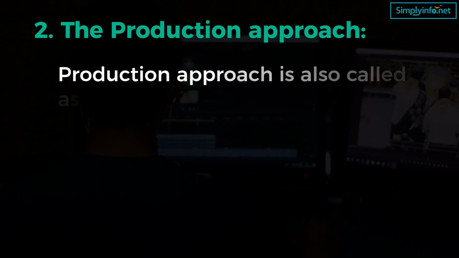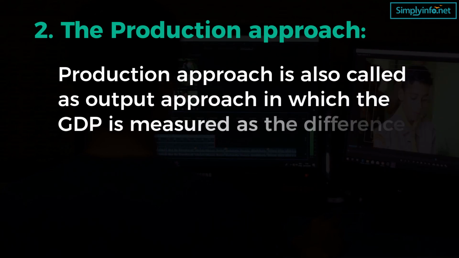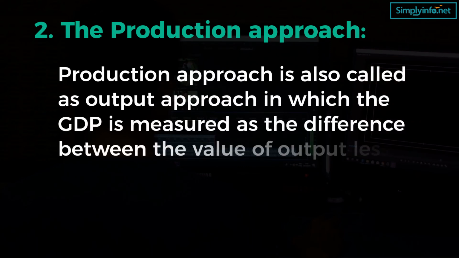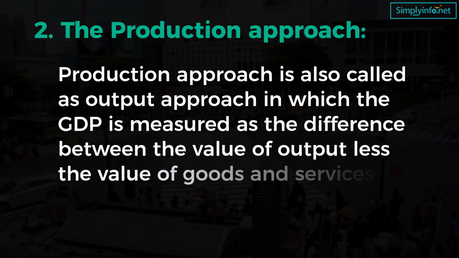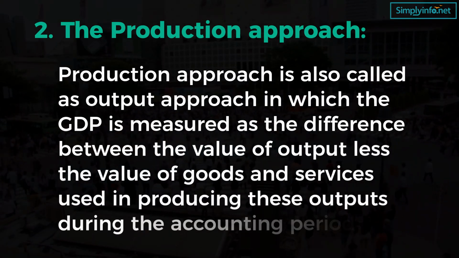Now let's look into the number 2 type of GDP calculation, which is the production approach. The production approach is also called the output approach, in which the GDP is measured as the value of output less the value of goods and services used in producing these outputs during the accounting period.